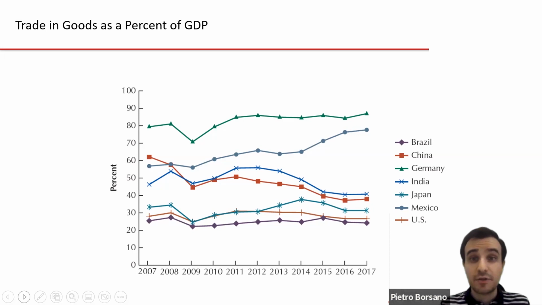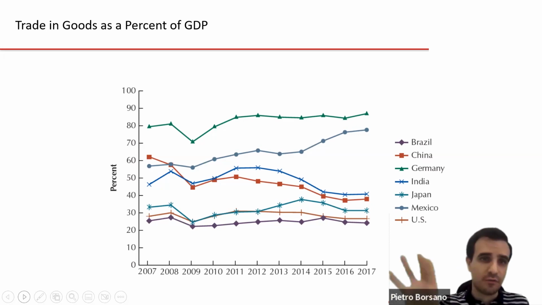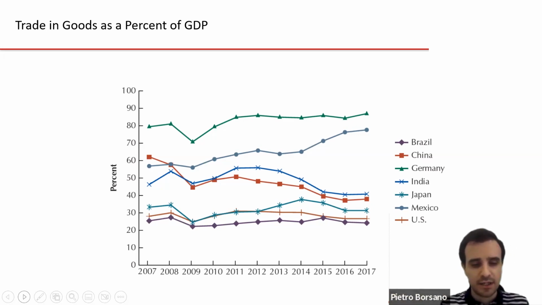When we talk about exports, we include both products and services. Let me give you a figure: Germany exports 87% of the goods or services that are produced in Germany.